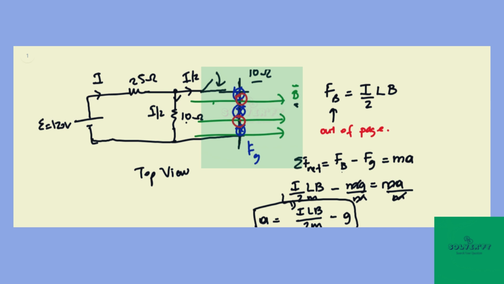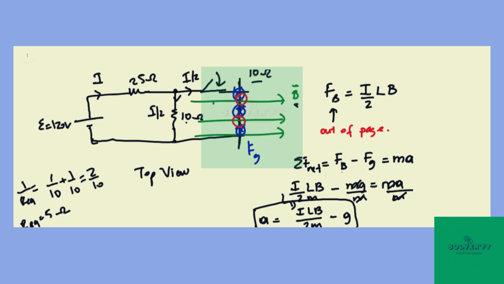So 1 over 10 plus 1 over 10 gives the equivalent resistance for the resistors in parallel. That is 2 over 10, but we have to take the inverse of this, so 1 over Req equals 1 over 5, and Req equals 5 ohms.